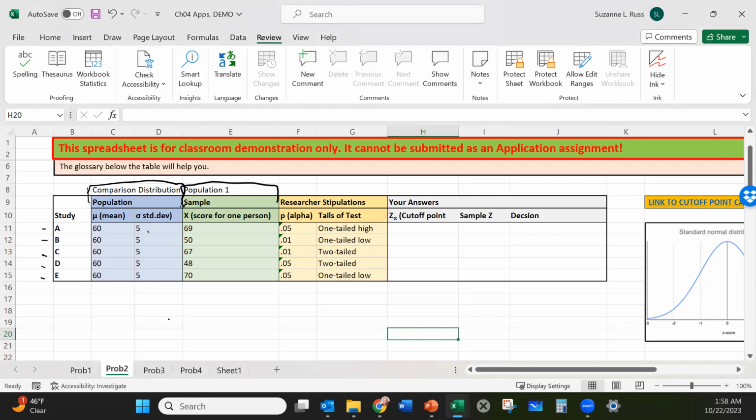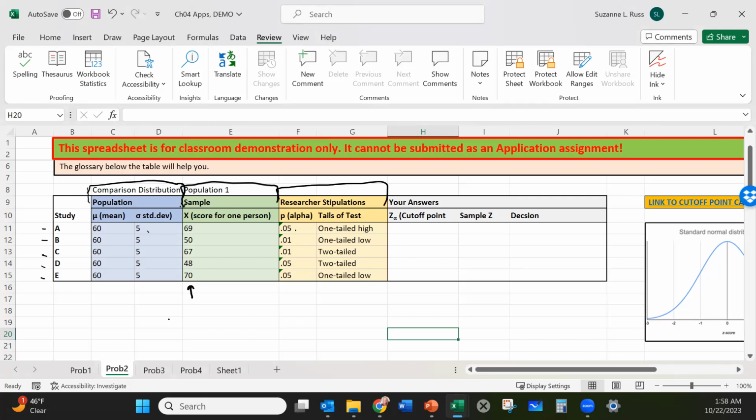Then we come to this yellow region that's talking about what the researcher stipulates. So they stipulate alpha, and alpha is just the significance level. What odds do they want of possibly making a mistake? Or what are the odds of drawing a person with any of these scores at random? And so this first researcher said, well, I'll take a 5% chance.